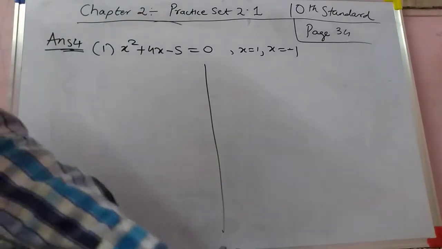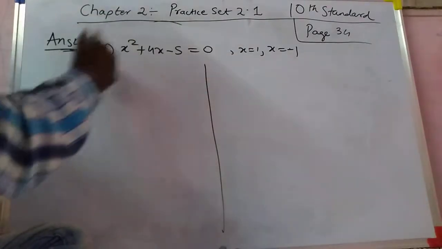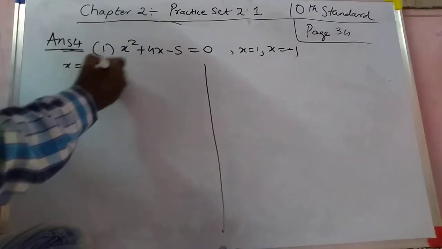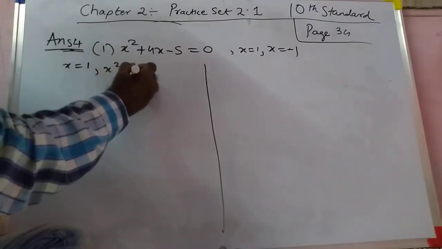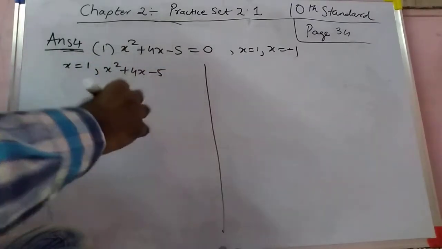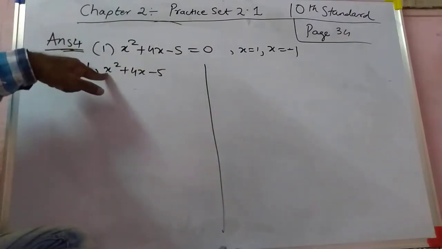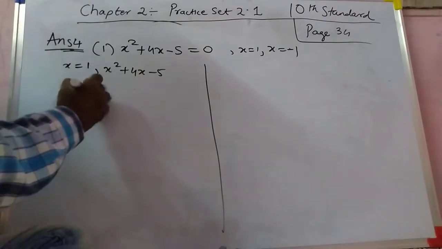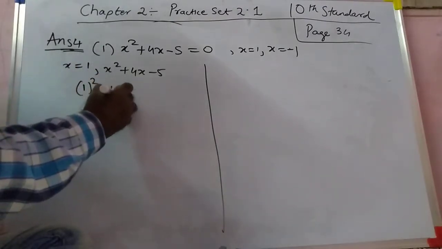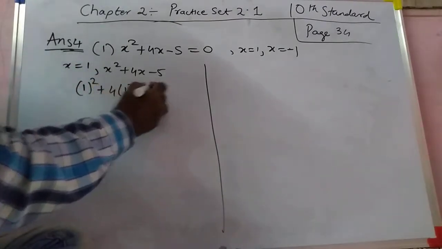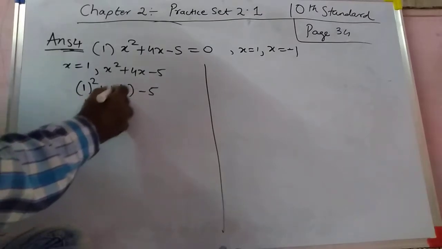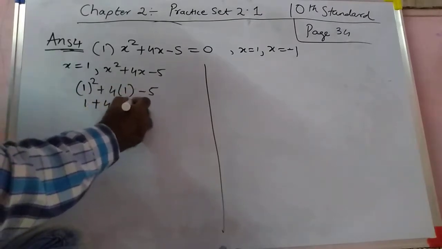The first step, we will write it here, x is equal to 1 and the equation x square plus 4x minus 5. तो this value will put it here. Okay, इसका value तो put करेंगे. So 1 square plus 4 into 1 minus 5. 1 square is 1, 4 into 1 is 4, minus 5.